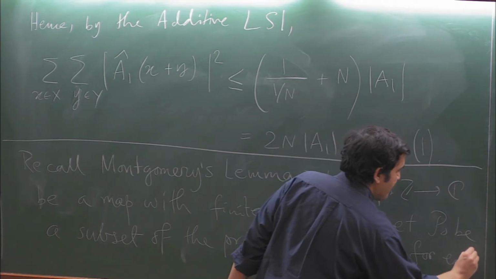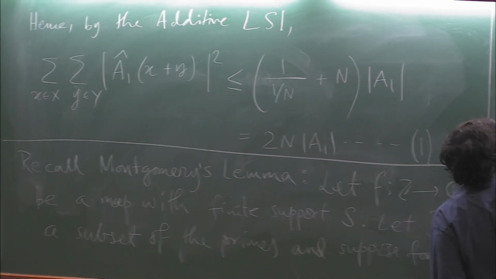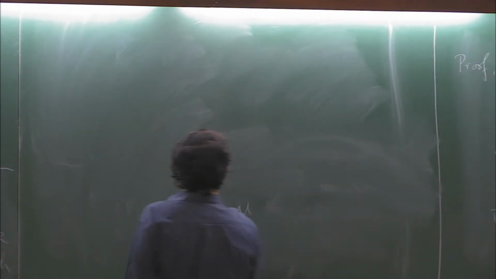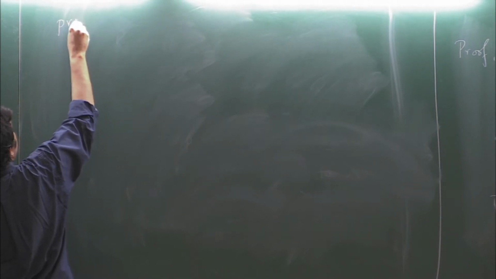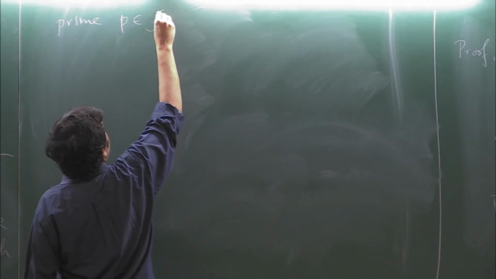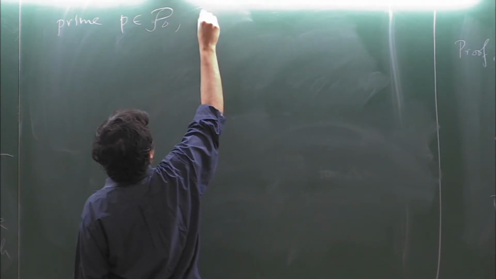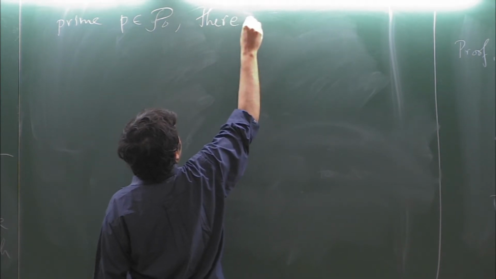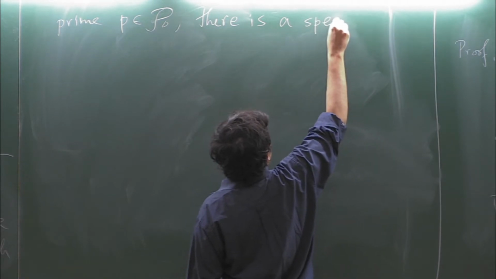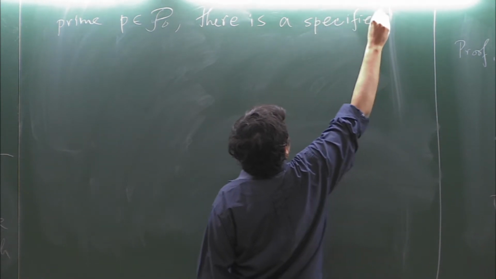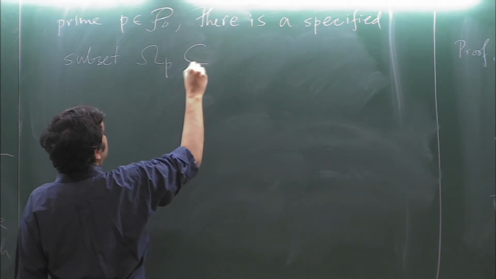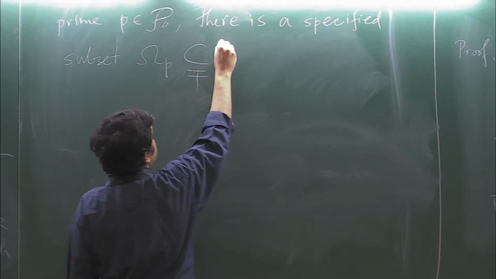for each prime p in P naught, there is a specified subset omega p, which is a proper subset of Z mod pZ.